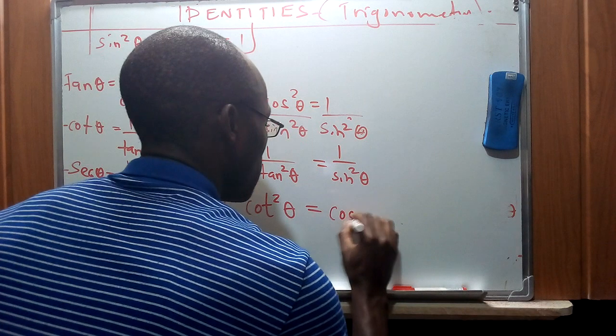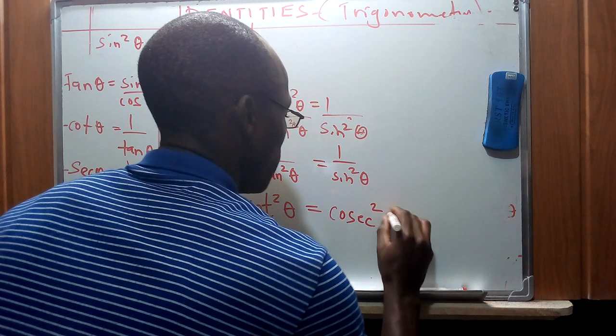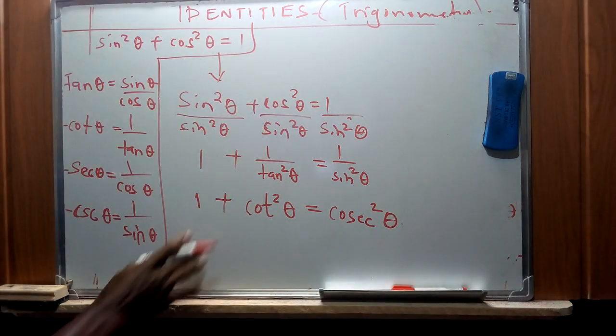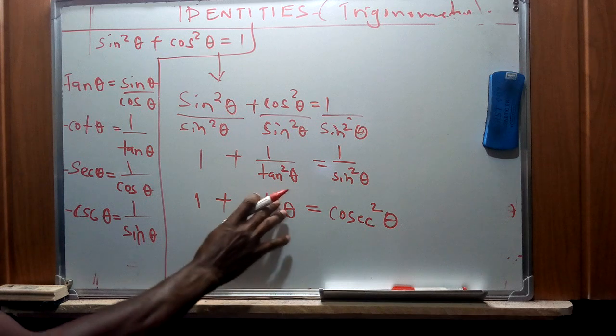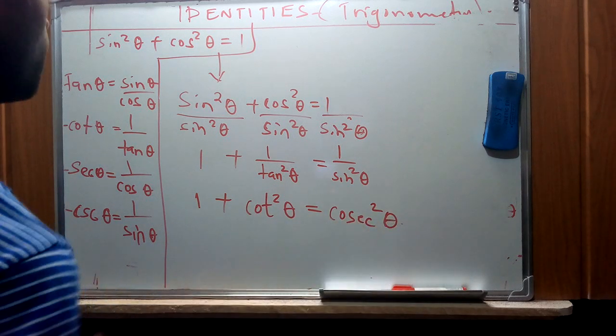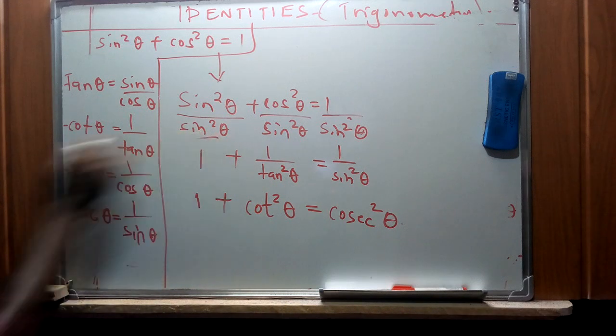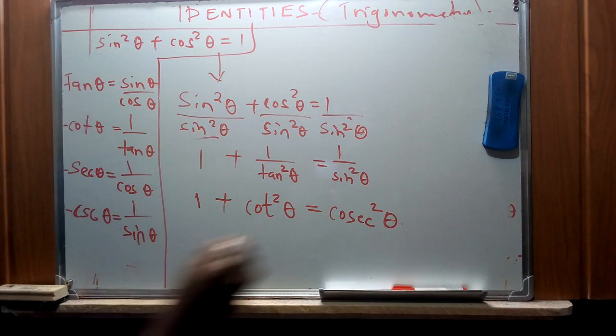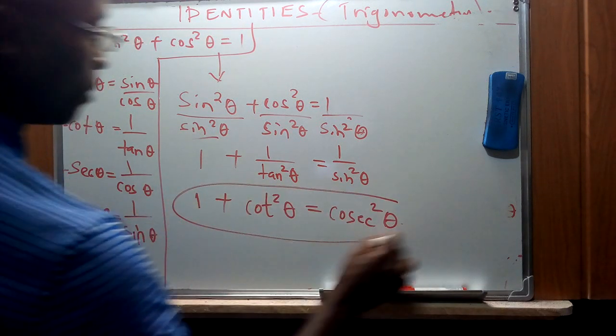So the cosec squared theta. So therefore 1 plus cot squared theta equals cosec squared theta. So this is a division by the sine of theta from the first identity. So therefore this is going to give us another expression.